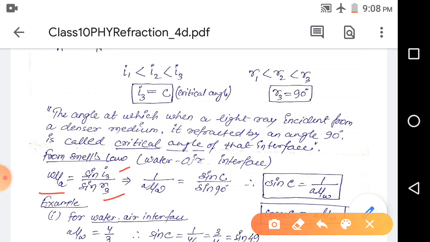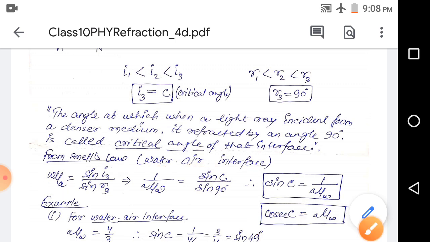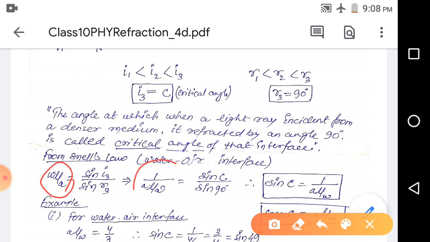Here we have the refractive index of air with respect to water, that is wμa. In the previous classes you know that this wμa can be written as 1 by aμw. Here we have a fixed value of aμw, which is equal to near about 1.33, that is equal to 4 by 3.